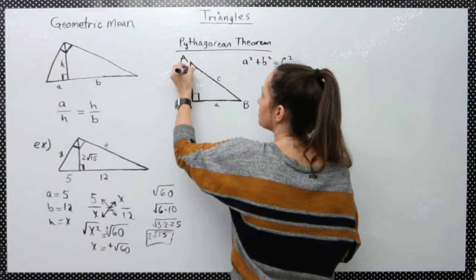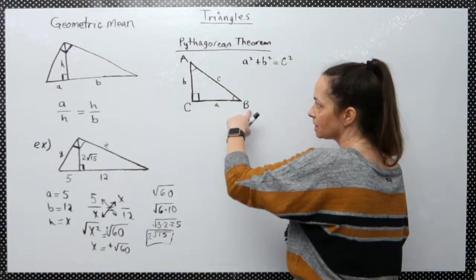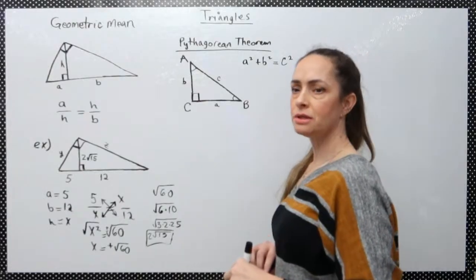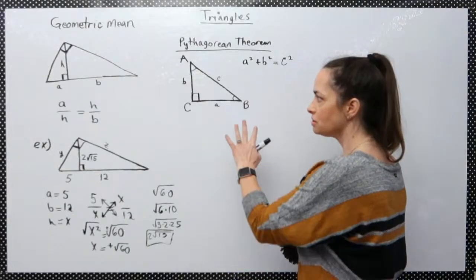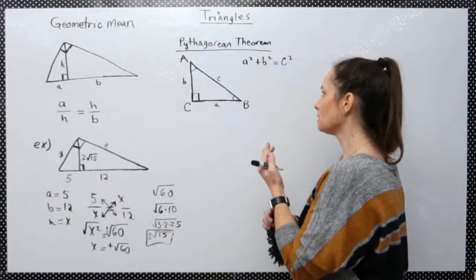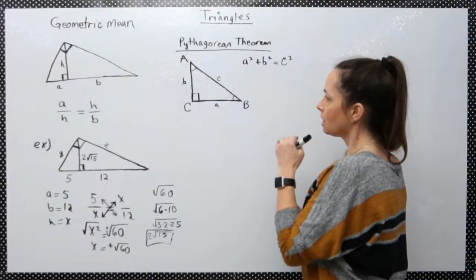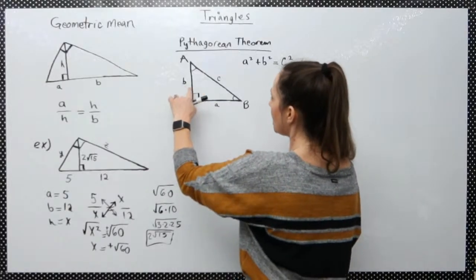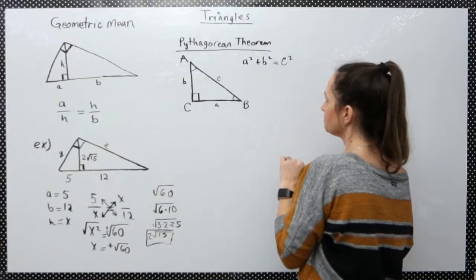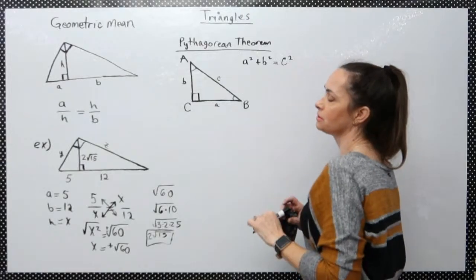You'll sometimes see a down here and b up here, and you'll see other letters used, but the relationship is always going to be the same between these values. So I should be able to add up the squares of the side lengths, and they should be equal to the square of the hypotenuse.